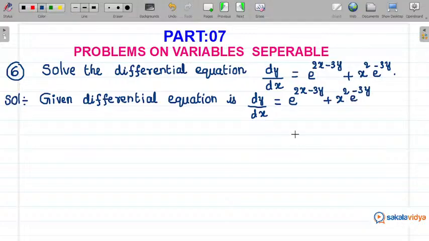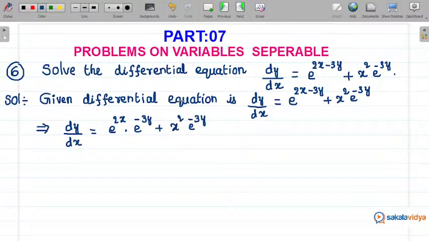See, now e to the power of 2x minus 3y can be written as e power 2x into e power minus 3y. So, that means now we can write dy by dx is equal to e to the power of 2x into e to the power of minus 3y plus x square into e to the power of minus 3y.